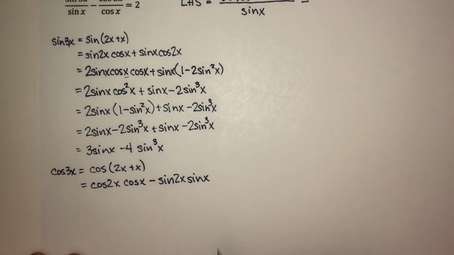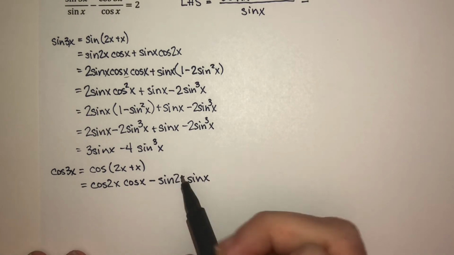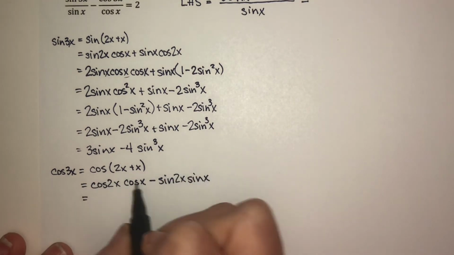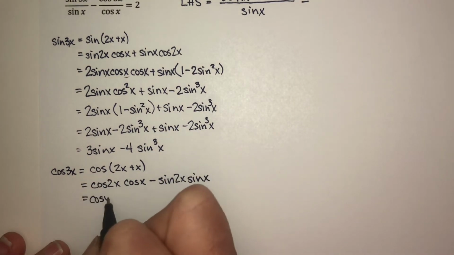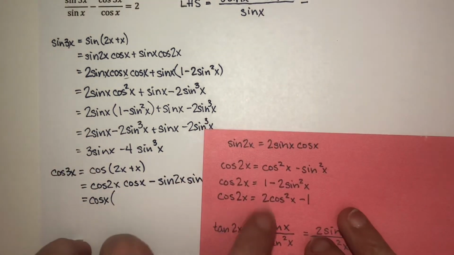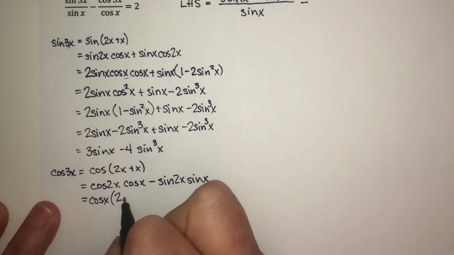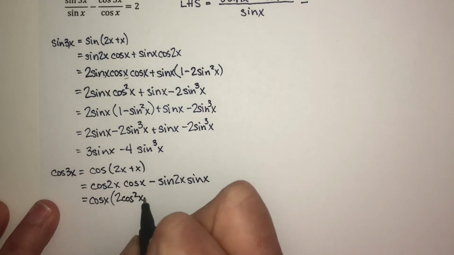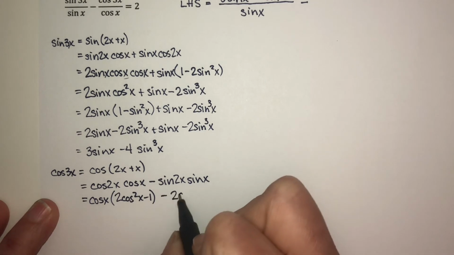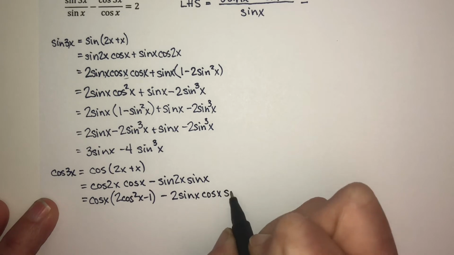And now I'm going to rewrite these, and I have cosine x times cosine of 2x. I'm going to use the one that involves only cosines. So I have 2 cosine squared x minus 1, minus sine of 2x, which is 2 sine x cosine x, and this is times sine x.